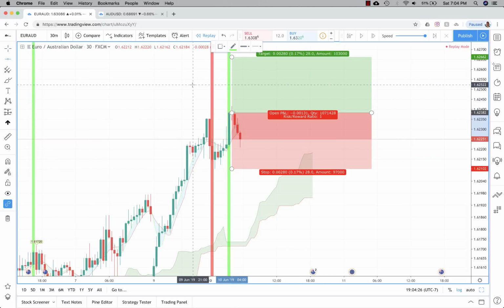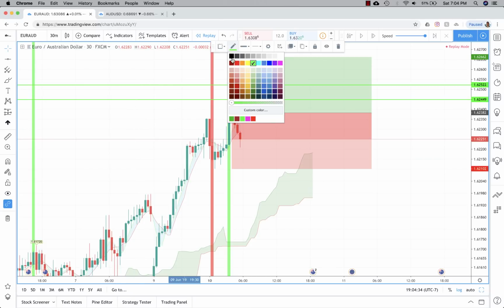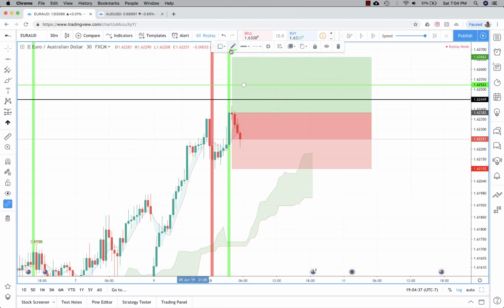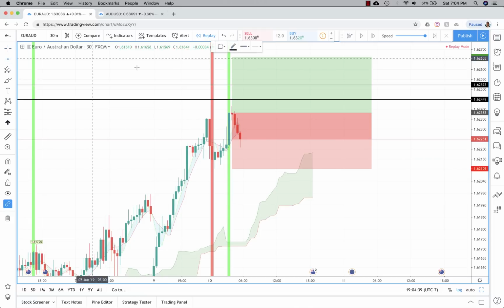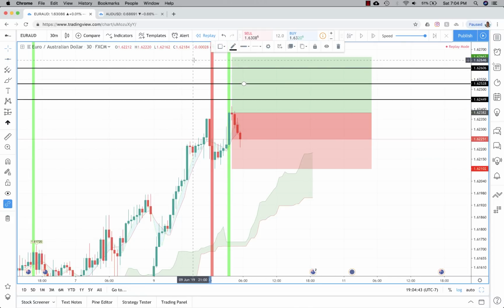So 50% would probably be around here. 25% would be right here. And 75% might be around there somewhere. And then this would be 100%.